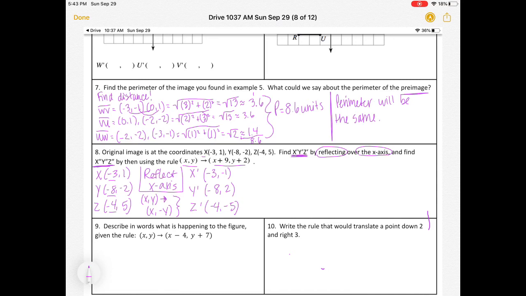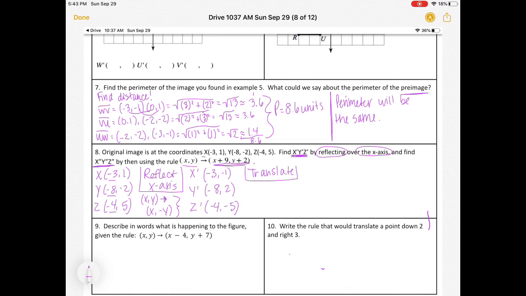Now we need to do the second part, which, looking at this, if it's just adding or subtracting, that's just a translation. So it means they just took those coordinates, they took that shape, and they slid it on the graph. So our second part, so translate, or translation, either way.